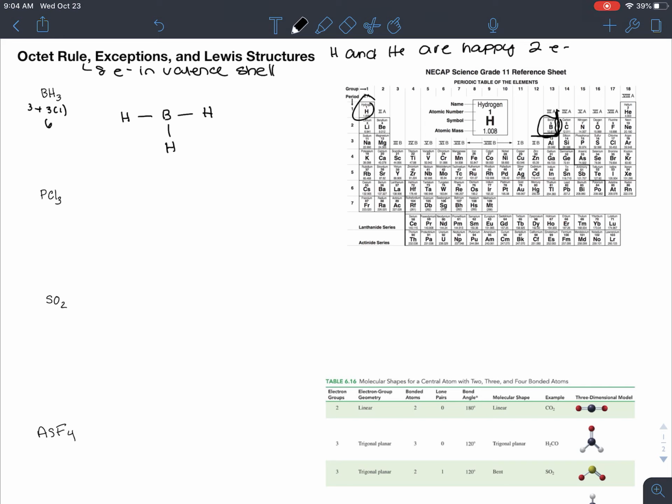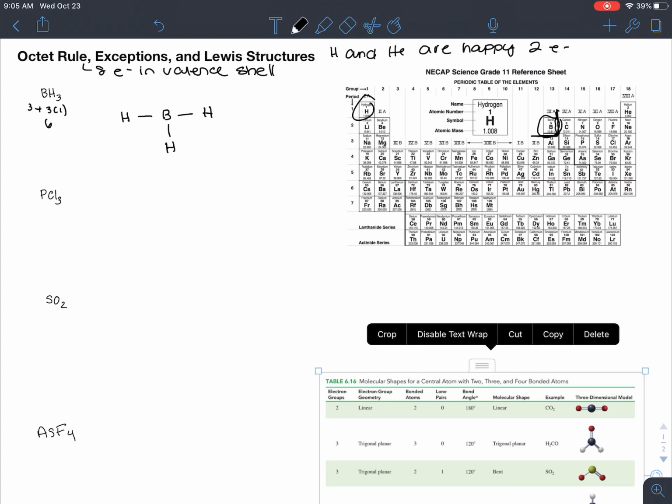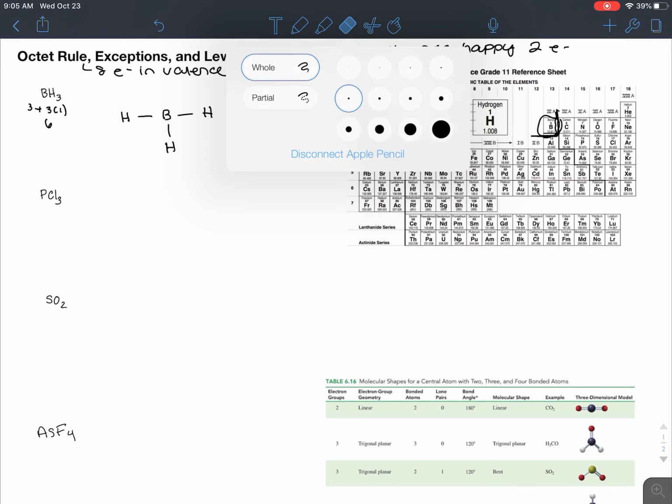So you would be satisfied here. Once you get to carbon, nitrogen, and so on, in period 2 and beyond, you have more room for electrons, so therefore you can have 8.